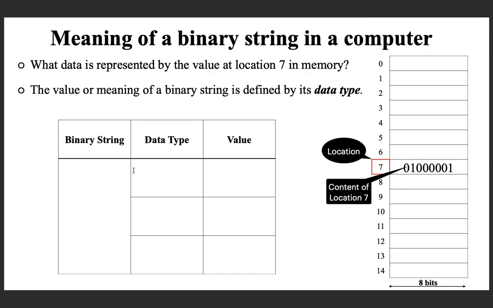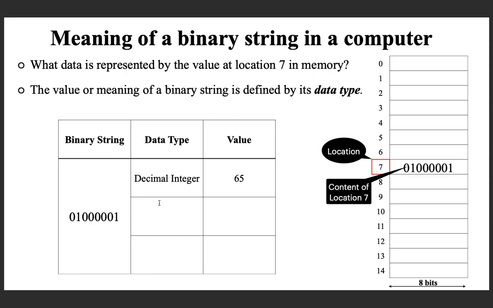We can try to understand it using this example string. Take a binary string like 0, 1, 5 zeros again 1. The data type needs to be known to say what value it is representing. For example, if you say that the data type of this value is decimal integer, then the data represented is decimal number 65.